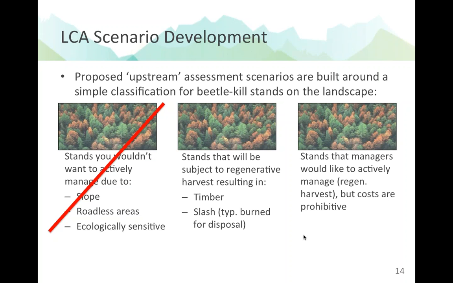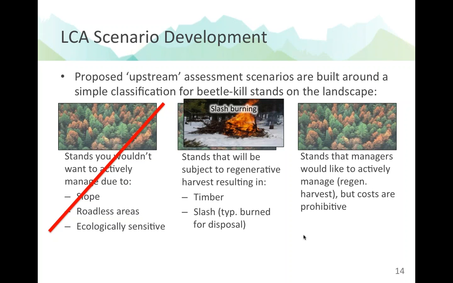And in those cases, if there's going to be a harvest already producing timber and getting some of that material off the landscape, that tends to leave a lot of slash, a lot of branches and treetops and needles and things like that. That typically is just piled up and burned on site. And so in those cases, the question is, can we come in and take some of that material that would otherwise be burned and do something productive with it?